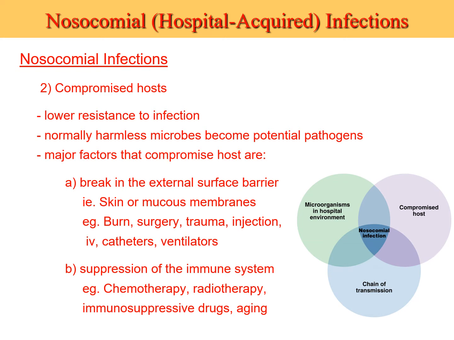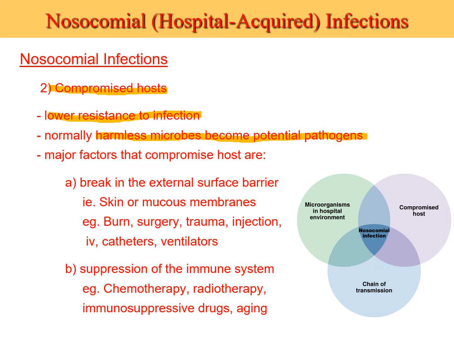In terms of compromised hosts, it's not just being immunosuppressed, but anything that lowers resistance to infection will compromise the individual and make it possible that they may get infected. In this case, normally completely harmless microbes, harmless to a normal person, become pathogens.